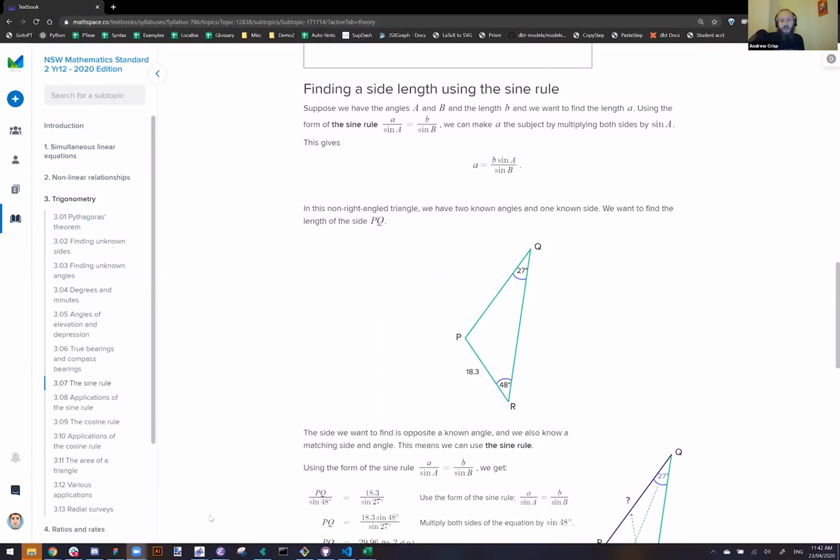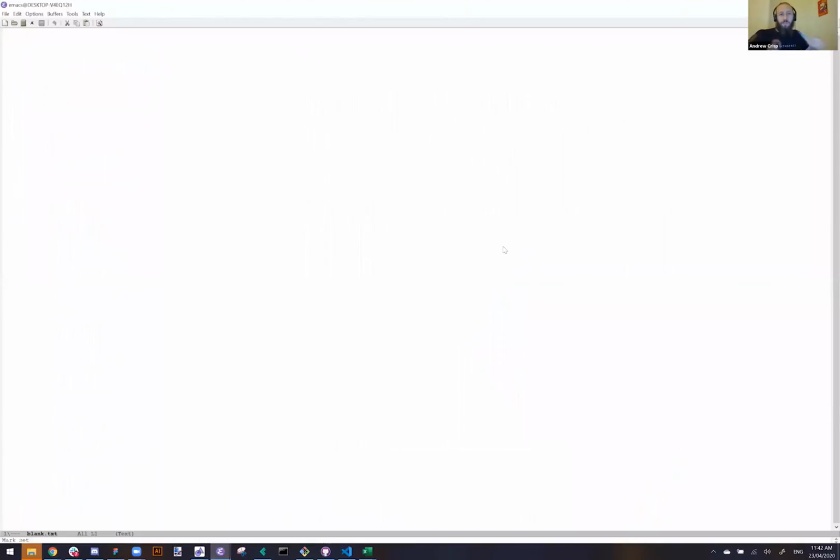I'm going to just make a quick note. I'm just going to switch across to a blank page. This will do for a blank page. Okay.